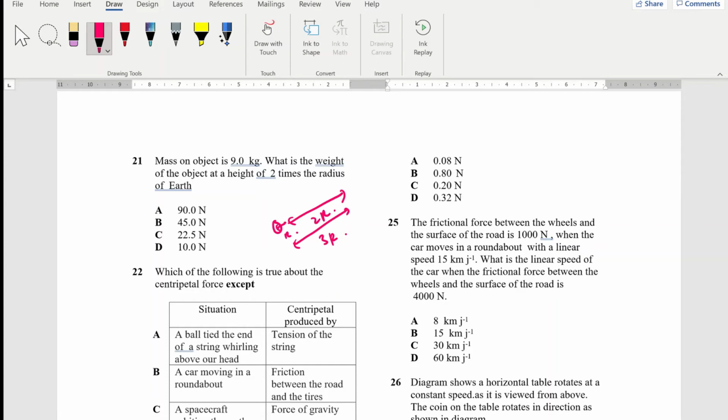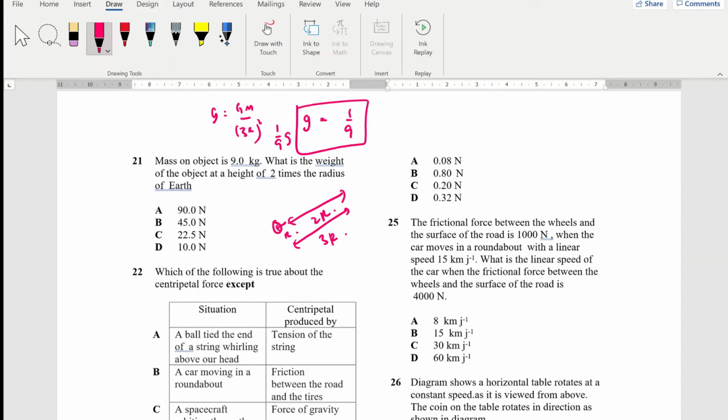Weight kita tahu. So dia cari so gravity dia akan jadi 1/9. Sebab ni 3 squared kan? Sebab G equals to GM over 3R squared. So dia jadi 1/9G lah. G kita akan jadi 1/9 je daripada G dekat bumi.